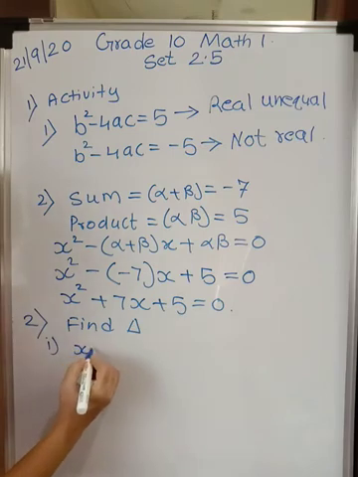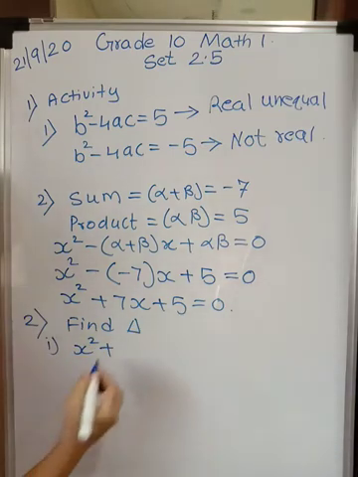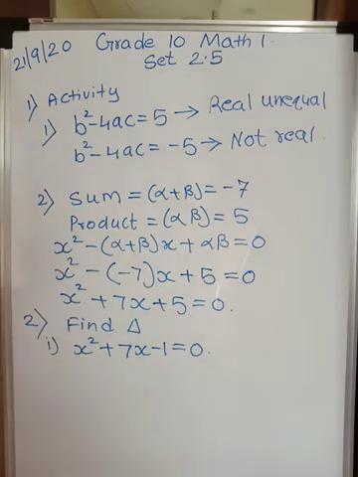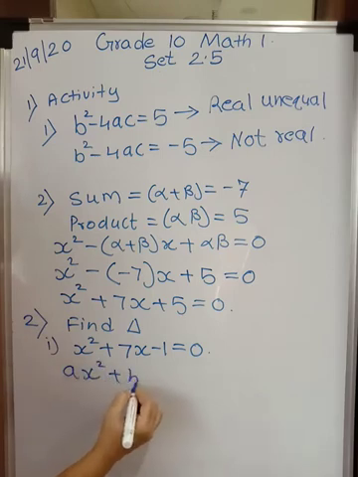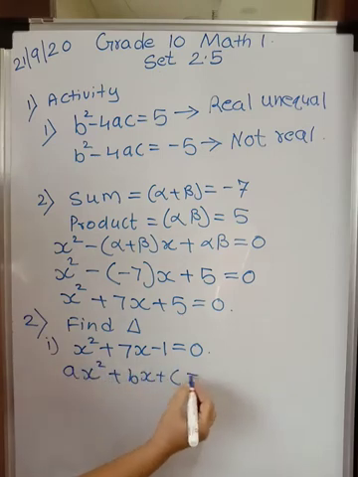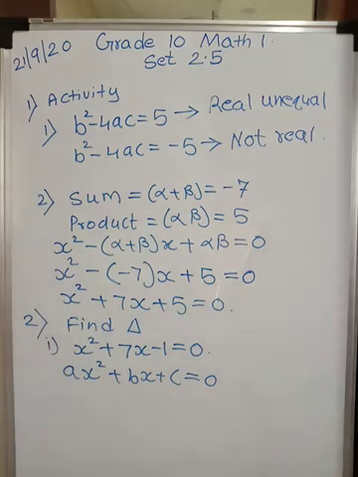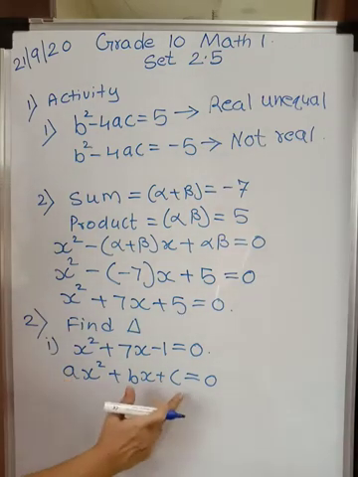Compare this equation with ax square plus bx plus c is equal to 0. Unless you have a, b and c, you will not be able to find delta, because delta is b square minus 4ac. So you need to find the values of a, b and c.